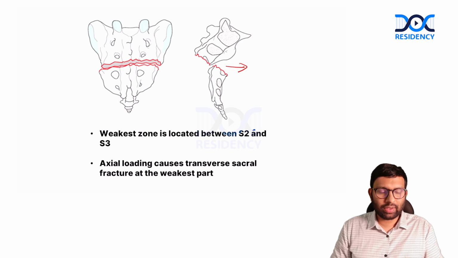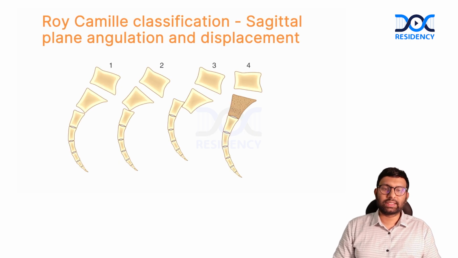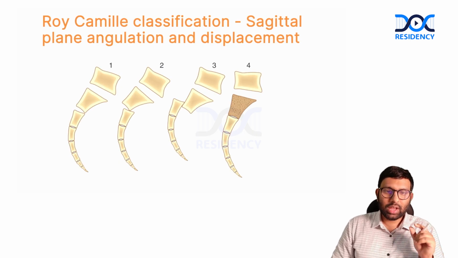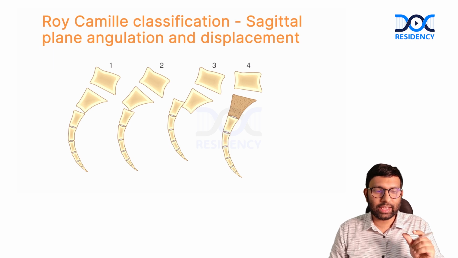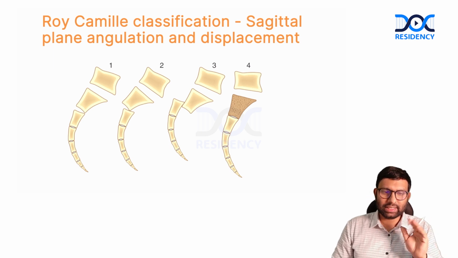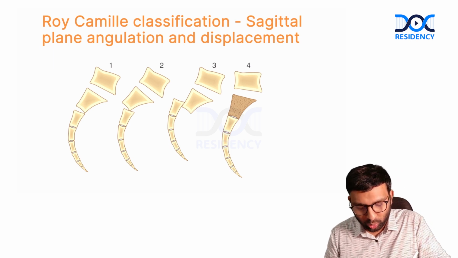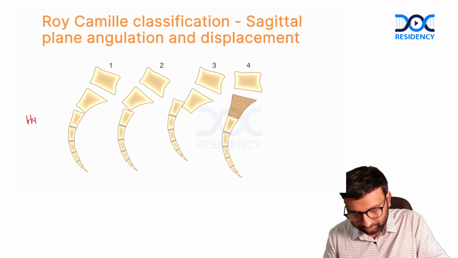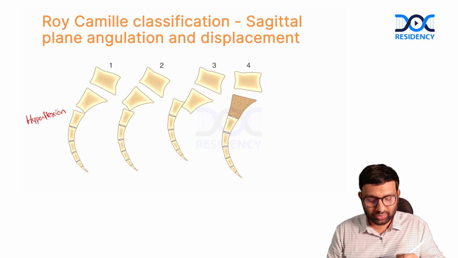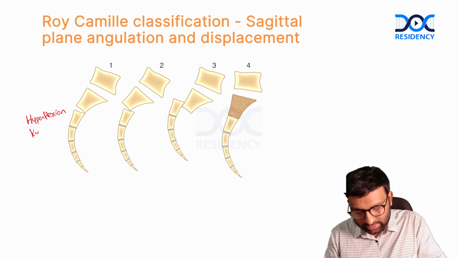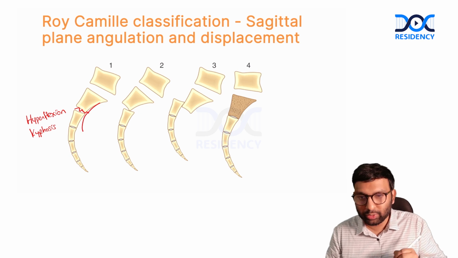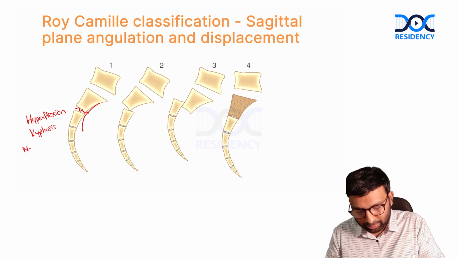So that is why we have an important classification system called the Roy-Camille classification, which talks about sagittal plane angulation and displacement. They basically divided them into 4 types. Type 1 is where you have a hyperflexion injury, and because of this hyperflexion injury, there is kyphosis in this plane. You can see there is kyphosis, but there is no displacement.